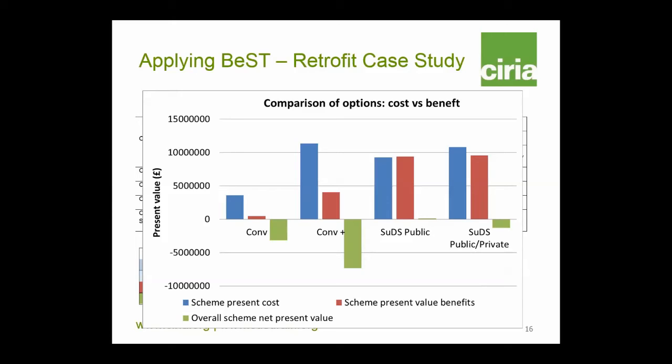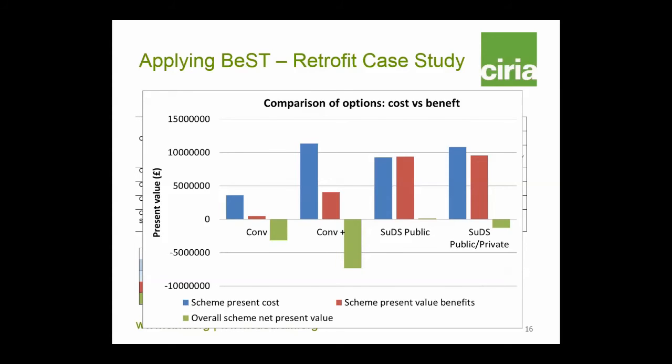But one of the challenges here, which is one of the reasons why we're trying to look at these benefits, is which option here would you choose depending upon how quickly you want to meet a certain target.